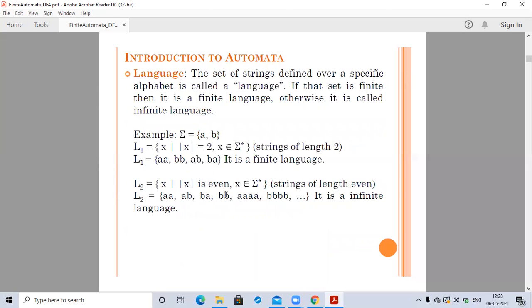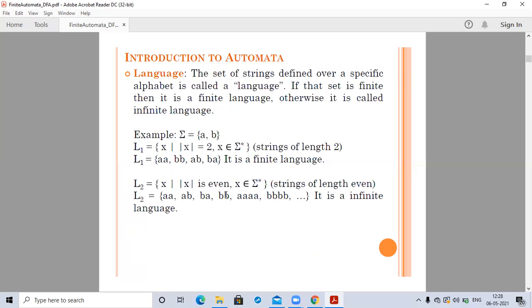Coming to the next one, that is language. In automata theory, we use this term language all the time. A language is a set of strings defined over a specific alphabet.